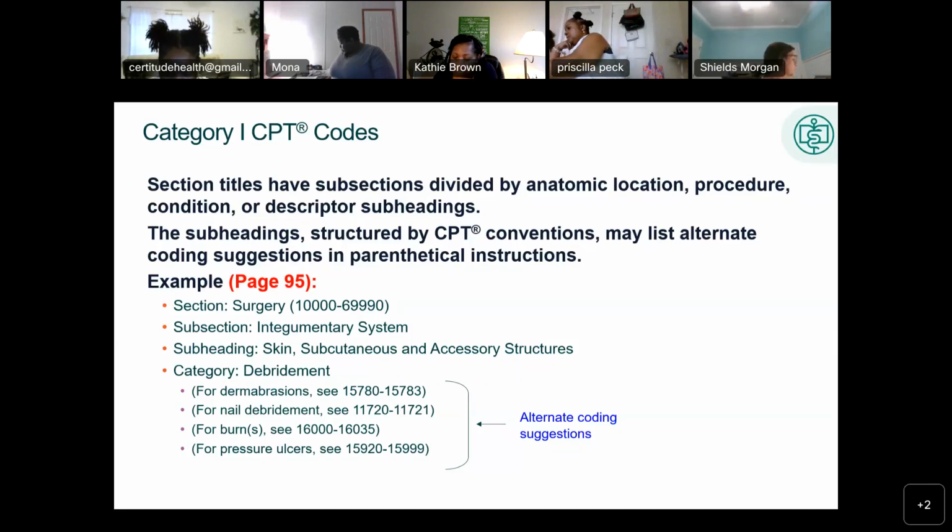And then one more time with the category of debridement on page 95. That is debridement procedures performed on skin, subcutaneous, and accessory structures of the integumentary system.